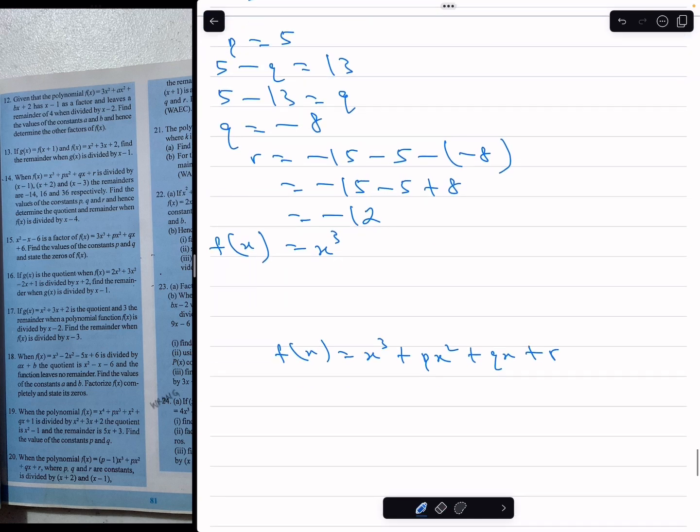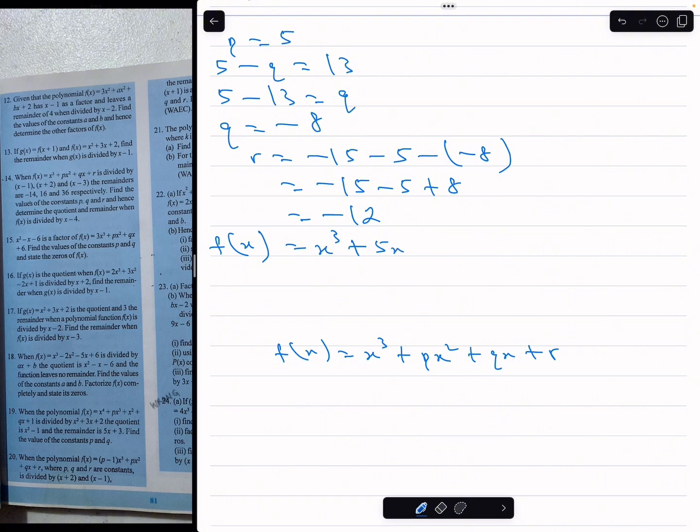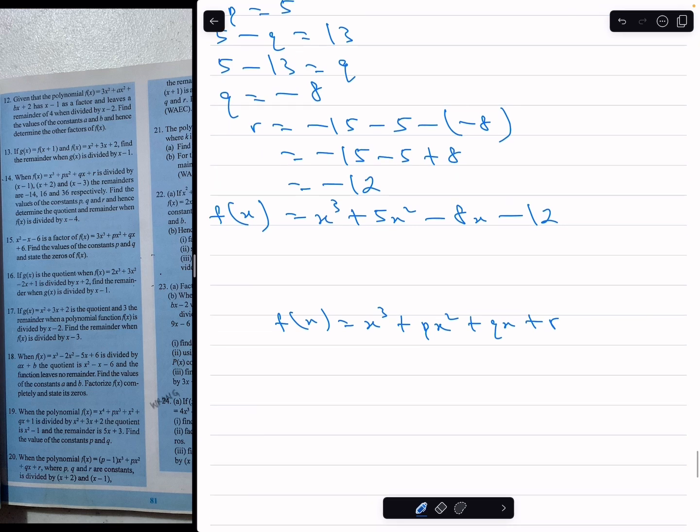P is 5, so that's plus 5x squared, plus qx, and I know that q is minus 8. That will be minus 8x, plus r. R is minus 12. Plus minus 12 will be minus 12. So that's f of x in full.